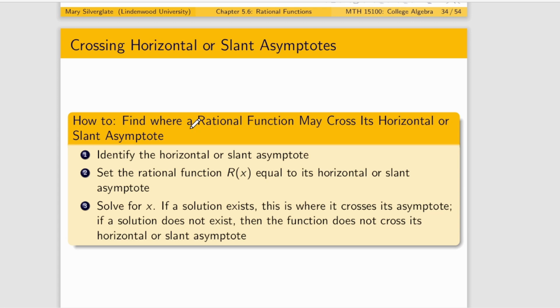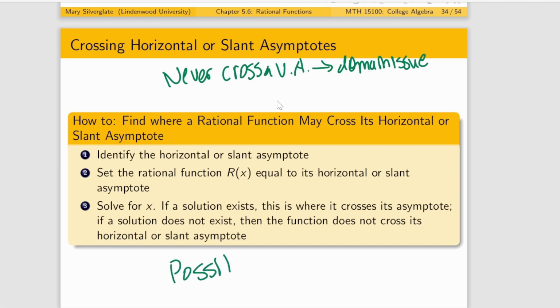Unlike a vertical asymptote, it is possible to cross a horizontal or a slant asymptote. So you never cross a vertical asymptote because that's a domain issue. However, it is possible to cross a horizontal or slant asymptote.